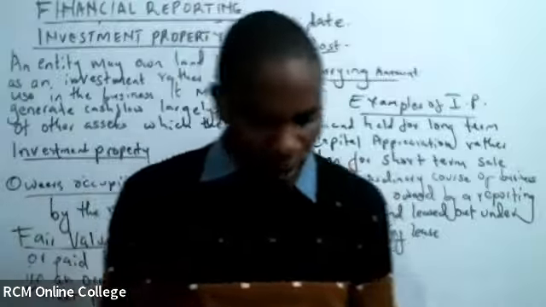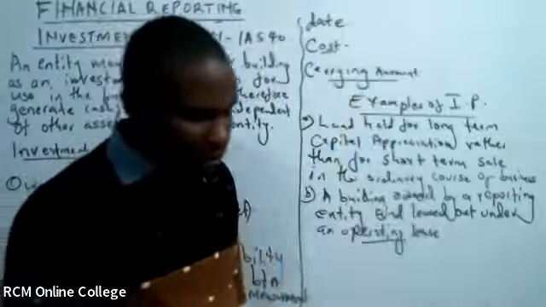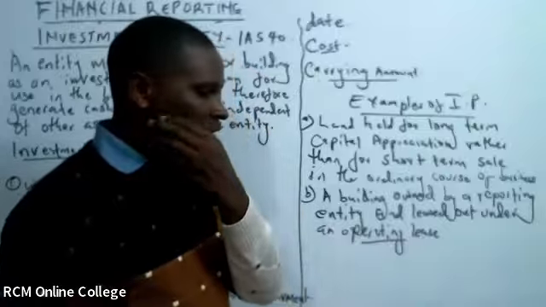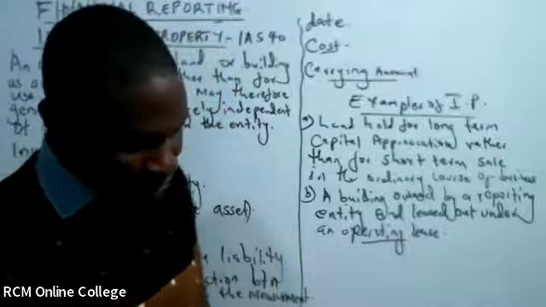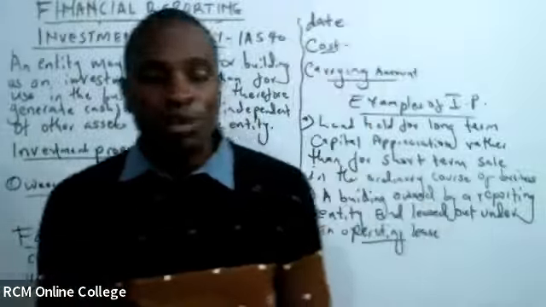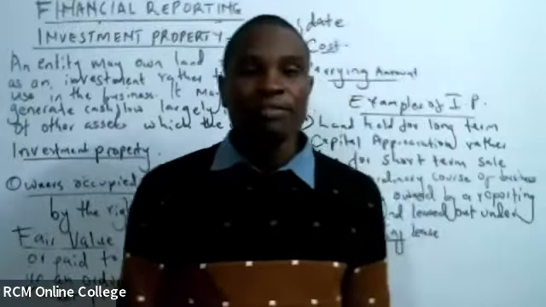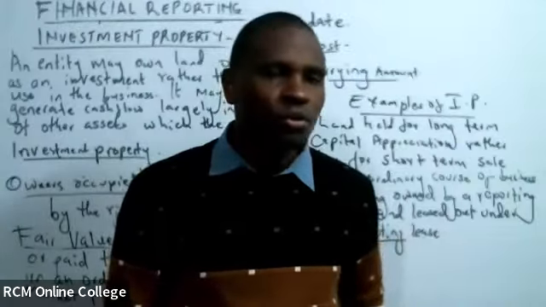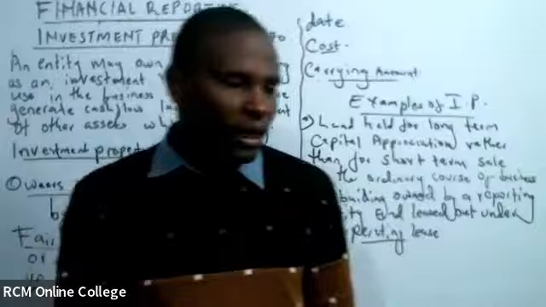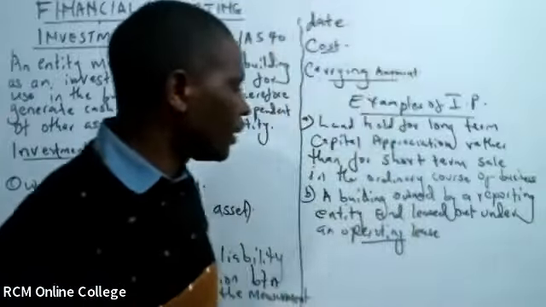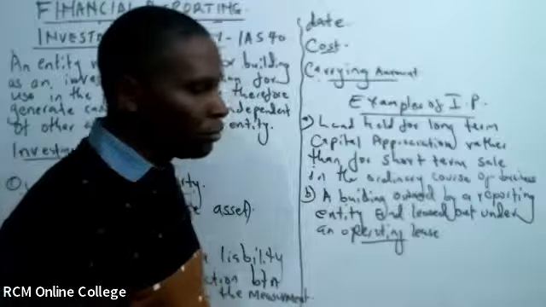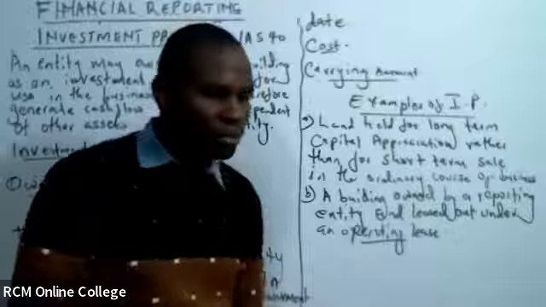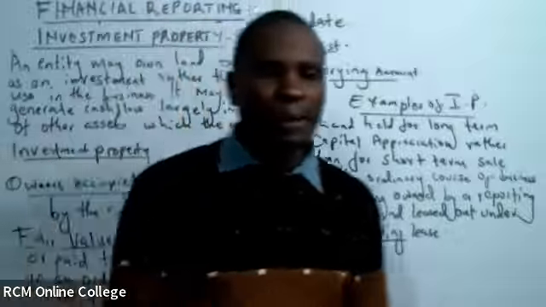Then the last one, but not the least, is property that is being constructed, that is part D. Property that is being constructed or developed for future use as an investment property. So if you have a property that is ongoing and not yet complete, and in future will be used as an investment property, it is under the examples of investment property.